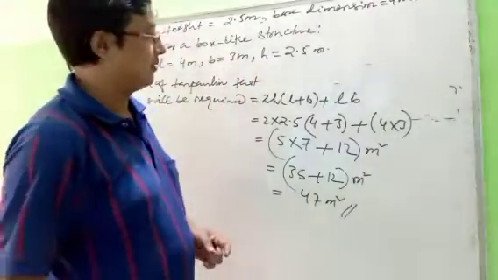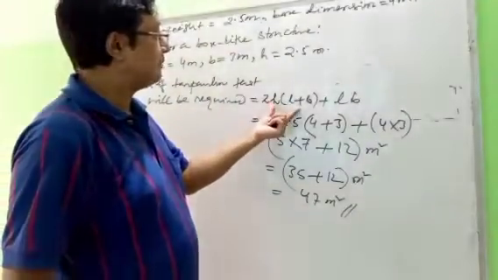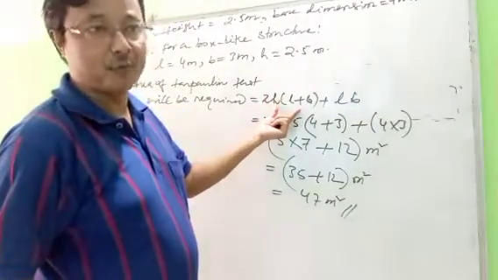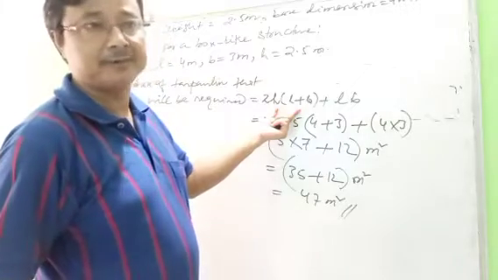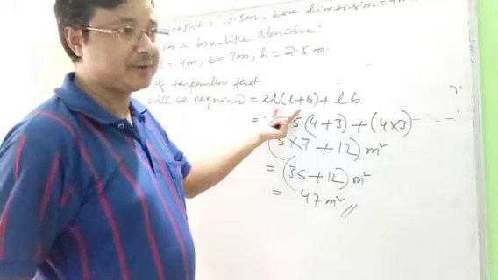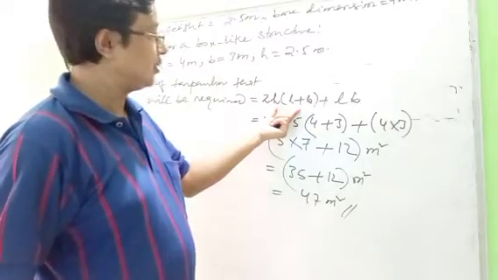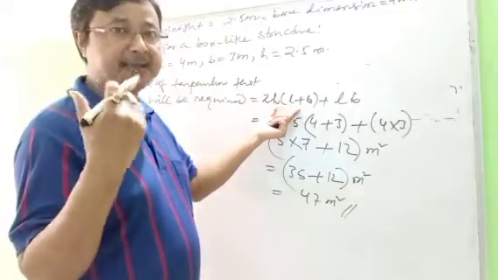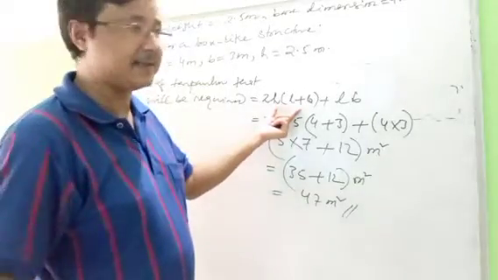box-like structure. So why have we used this? Because you have not counted the floor, because on the floor tarpaulin is not going to be used. So the tarpaulin is going to be used on the remaining 5 faces. One is the top, 2 are the front and the back, and the other 2 are the side faces.